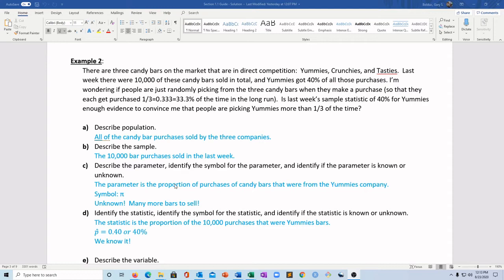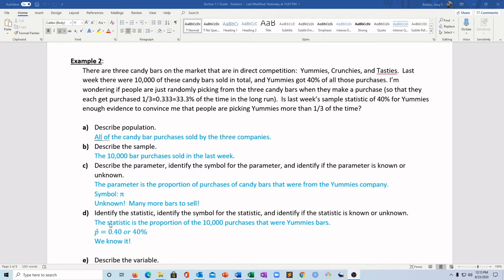If I really knew the proportion of candy bar purchases that the Yummies company got, I would be able to answer my question. Unfortunately, I can't do that, so I don't know that. It's unknown. But, just like we've seen before, I may not be able to answer that for all purchases forever and ever, but I can at least take a sample of them and see what happens in that sample.